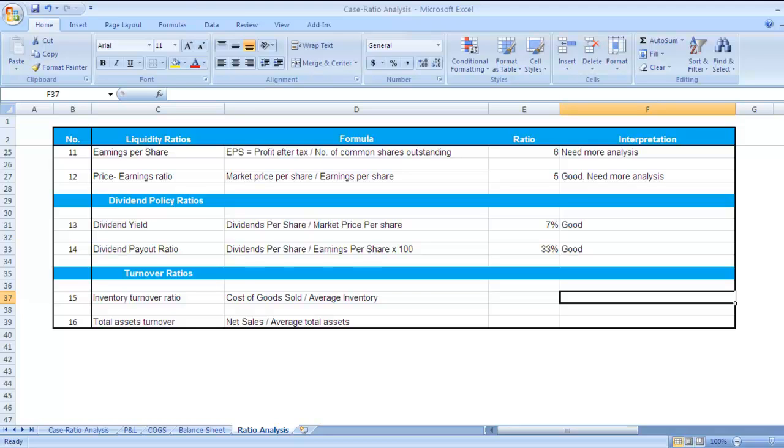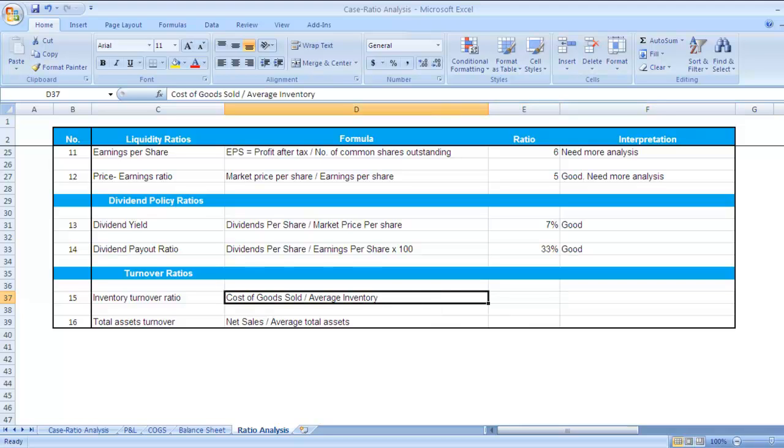So what are turnover ratios? Turnover ratios are the ratios which are always quoted in multiples. Inventory turnover ratio is calculated as cost of goods sold divided by average inventory.